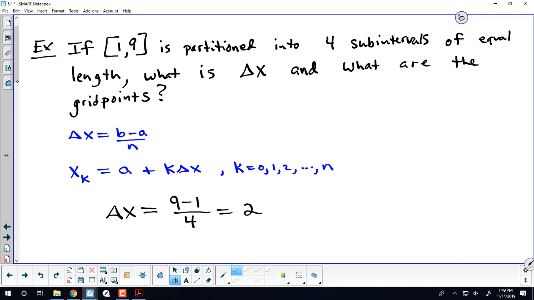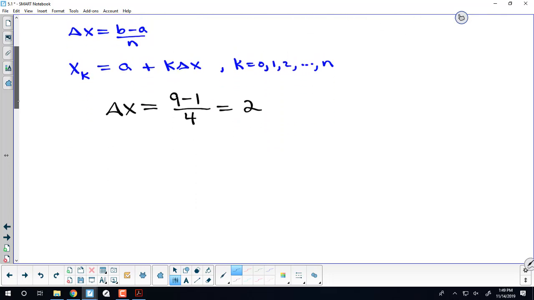And then we can find the endpoints of each one of those 4 rectangles by finding the grid points, x sub k. And our x sub k then is a, and our a is 1. So our x sub k is 1 plus delta x times k.